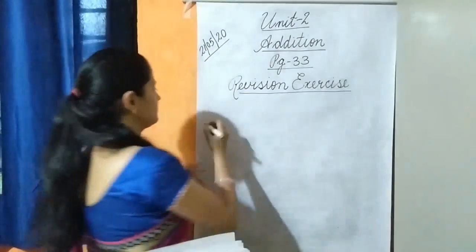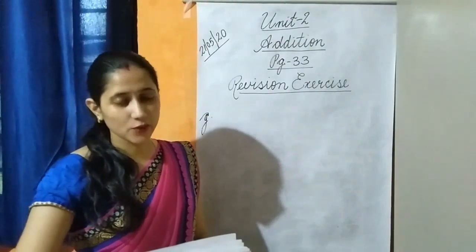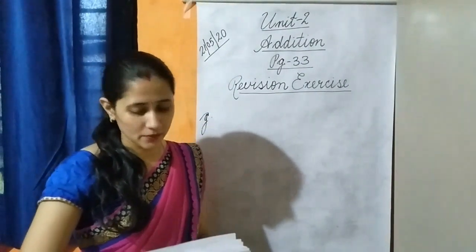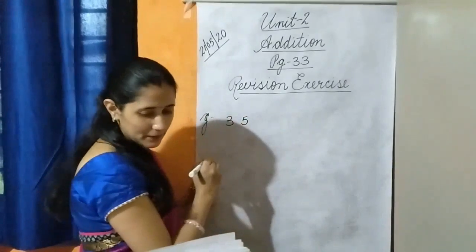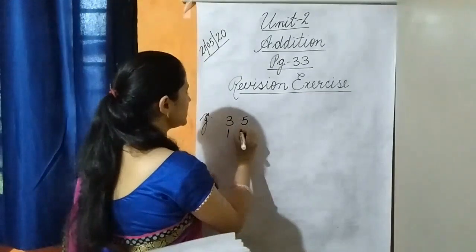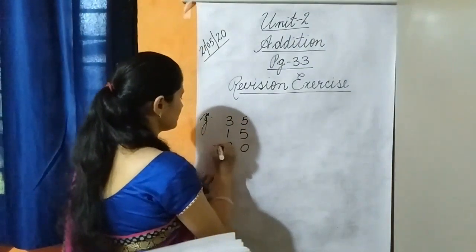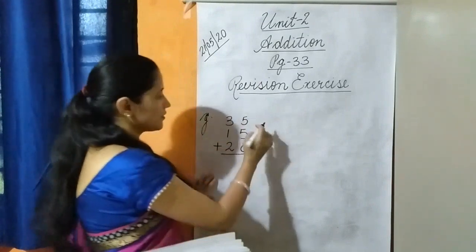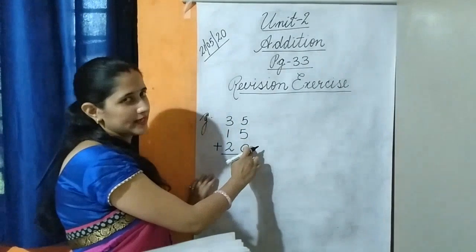Now G. Here we have to add 3 two-digit numbers: 35 plus 15 plus 20. 5 plus 5 is 10. 10 plus 0 is 10 only.